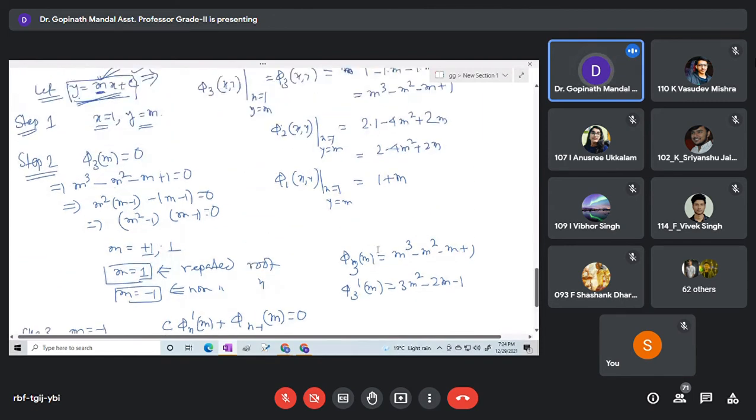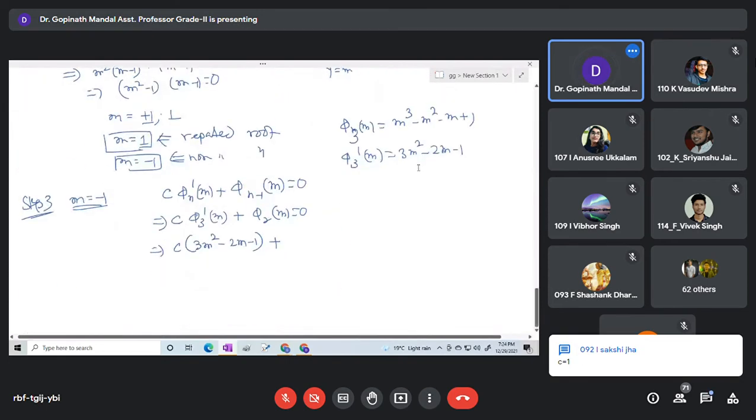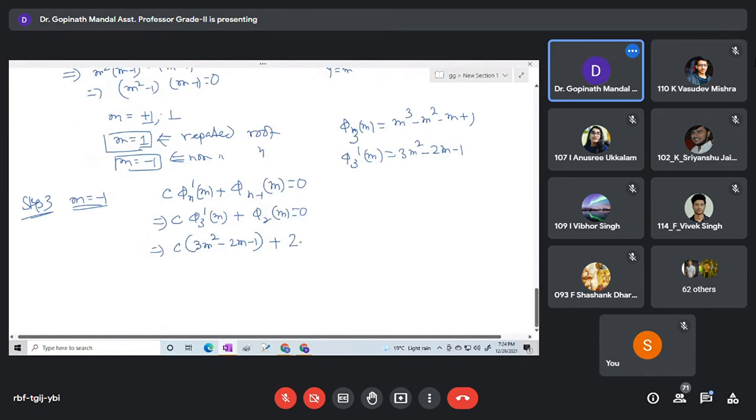Phi 2 m, what is phi 2 m? This is 2 minus 4m square plus 2m. So this will be 2 minus 4m square plus 2m equal to 0. So c equal to minus of this by this: minus (2 minus 4m square plus 2m) over (3m square minus 2m minus 1).